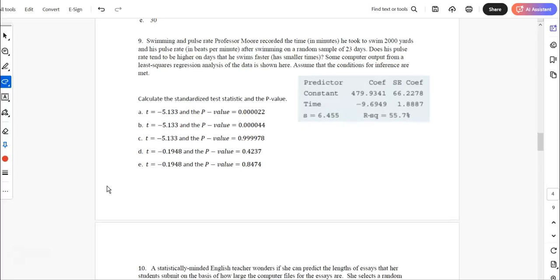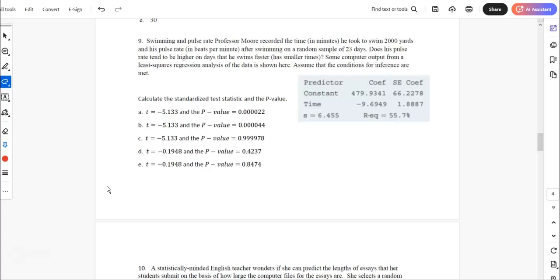I got it. Swimming and pulse rate. Professor Moore recorded the time in minutes he took to swim 2,000 yards and his pulse rate in beats per minute after swimming in a random sample of 23 days. Does his pulse rate tend to be higher on days that he swims faster, has smaller times?